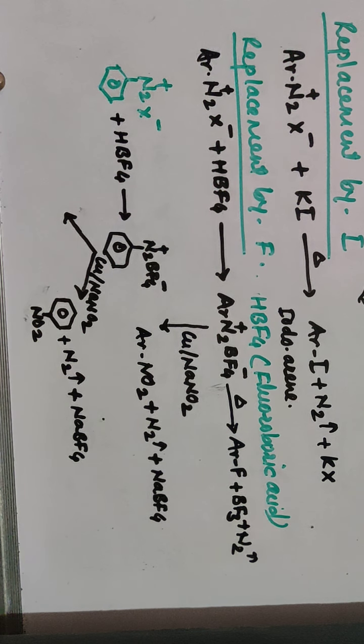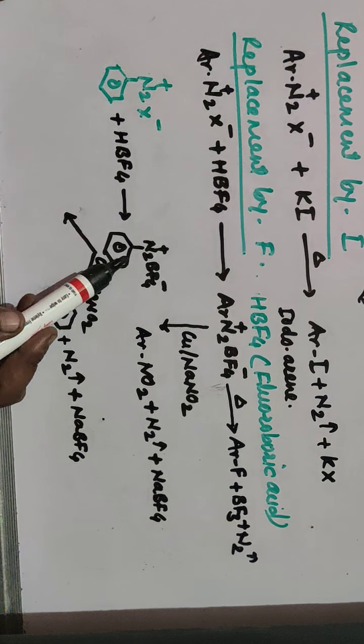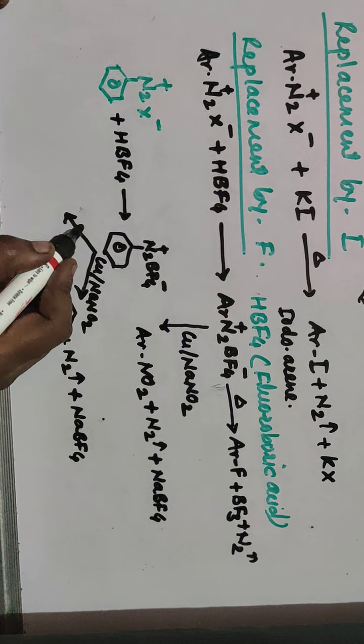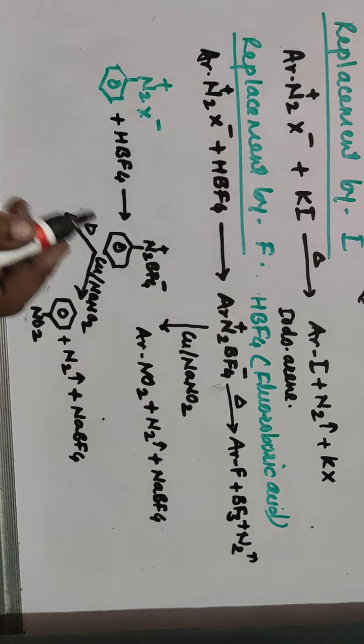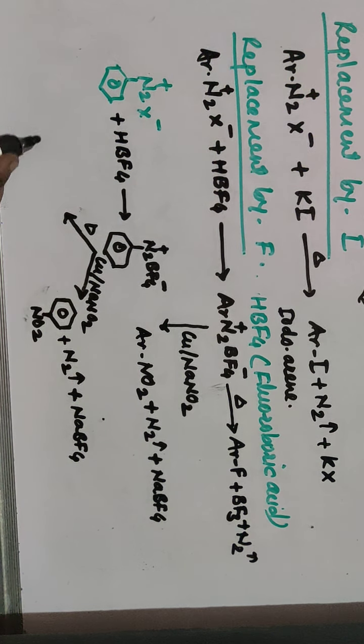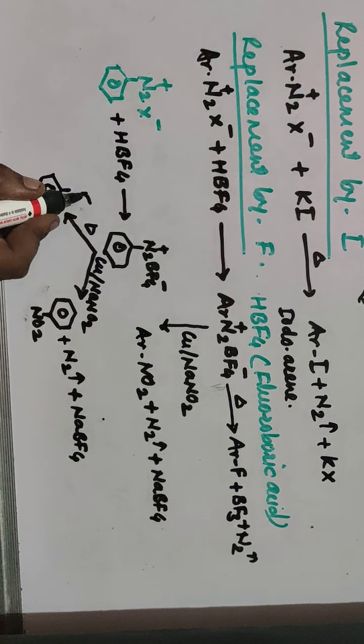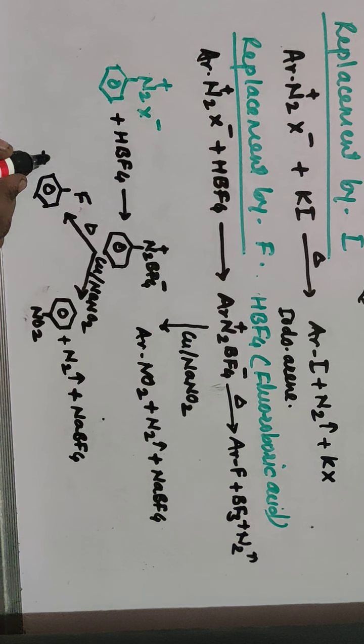And when the same compound, that is your benzene diazonium fluoroborate, is only heated, then on heating you will get decomposition, and there is a formation of another compound, fluorobenzene, C6H5F, plus nitrogen gas plus BF3.